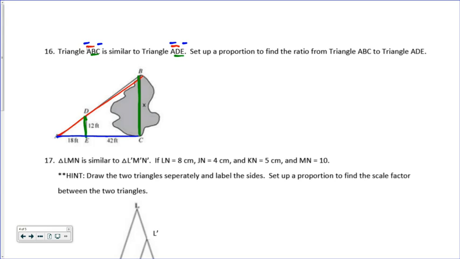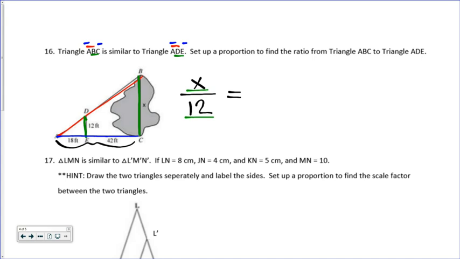And if you want to do smaller over larger, larger over smaller, it doesn't matter. I'm going to do a larger triangle over the smaller triangle. So I'm going to say x over 12, which is, they were both green. And then the two sides that I know the length of are right here. Okay, they told you that AE is 18, but they told you that EC is 42.